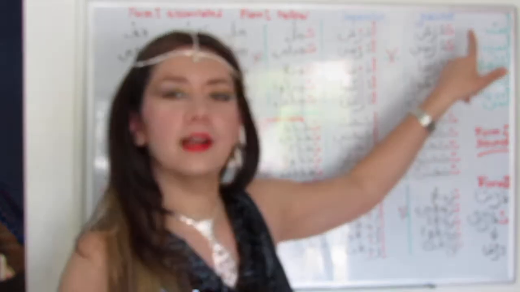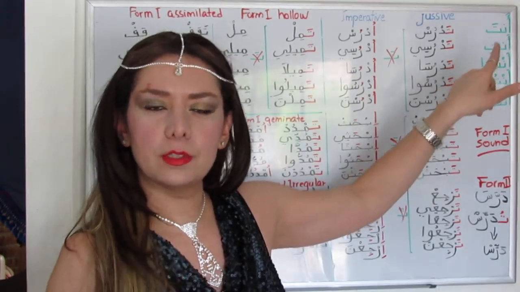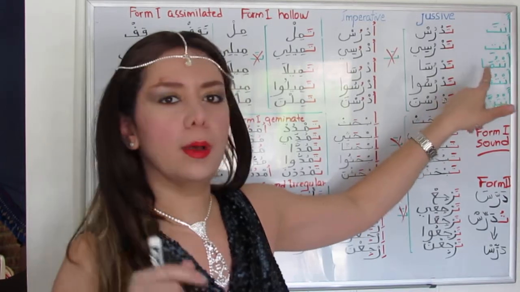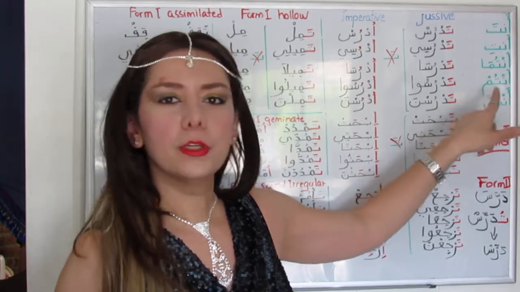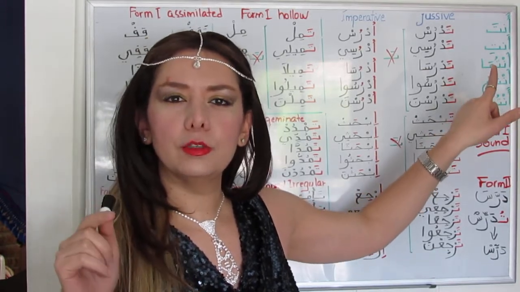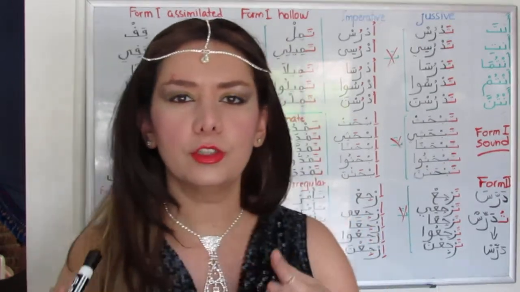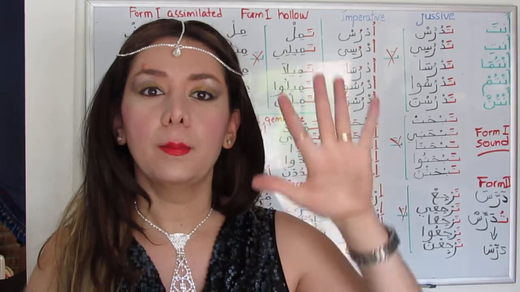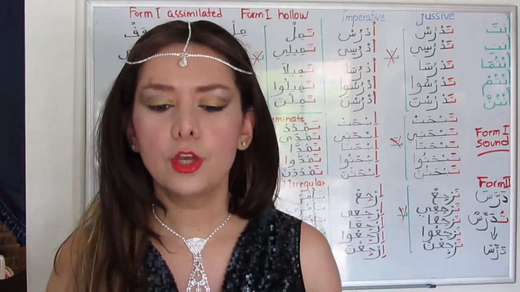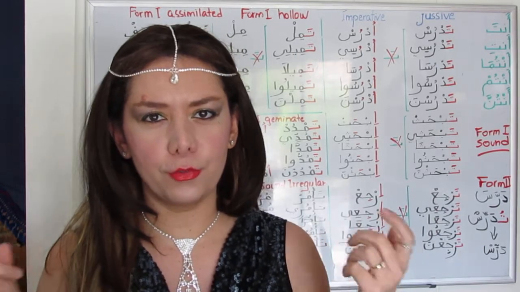So it's anta for second person masculine, anti for the second person singular feminine, antuma for the second person dual masculine and feminine, antum second person plural masculine, and antunna second person plural feminine. So you have only five conjugations to learn for the commands for each type of verb.